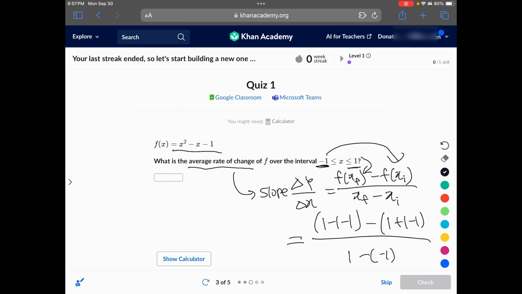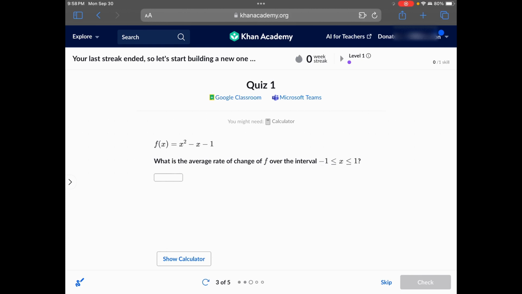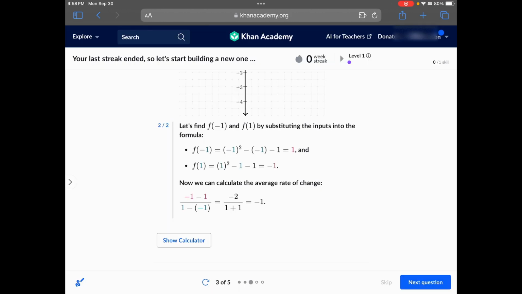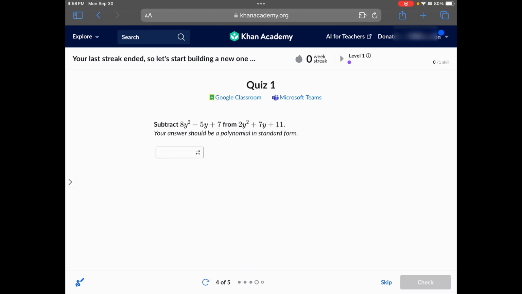This is going to give you -2 over 2, which is going to be -1. That's the correct answer.